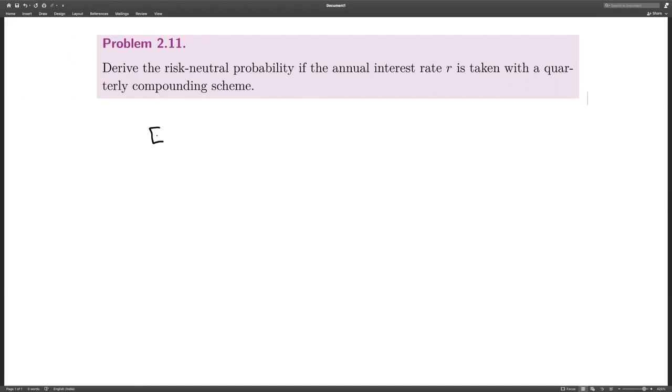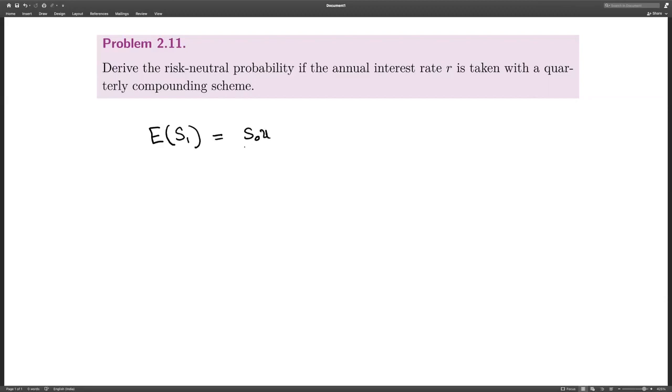If you recall, we have this equation. Expectation of S1. S1 is a random variable, that is the stock price at time, say, capital T, and that is given by S0, which is the stock price at time t equal to 0, times u.